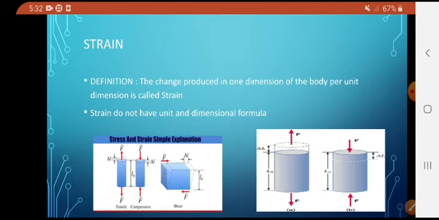Strain is nothing but the change in a dimension per unit dimension. Here it is a change in the dimension per unit dimension, so this is a ratio between two same physical quantities, so there is no unit and no dimensional formula for strain.